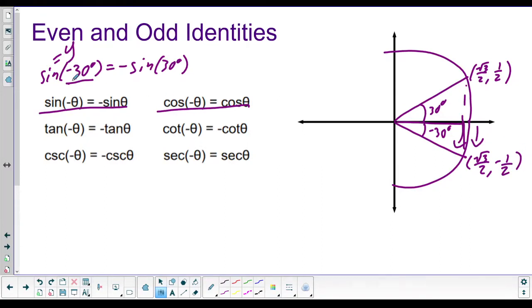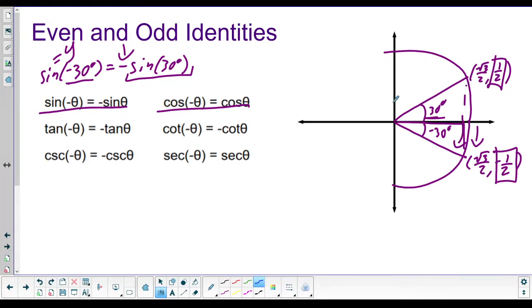So it says if I plug in a negative angle, it's the same as the positive angle, switch the sign. So if you go in a positive direction, figure out what's the y value at that angle, 1/2. If I plug in negative this same angle, I'm going to get the same number, but negative.